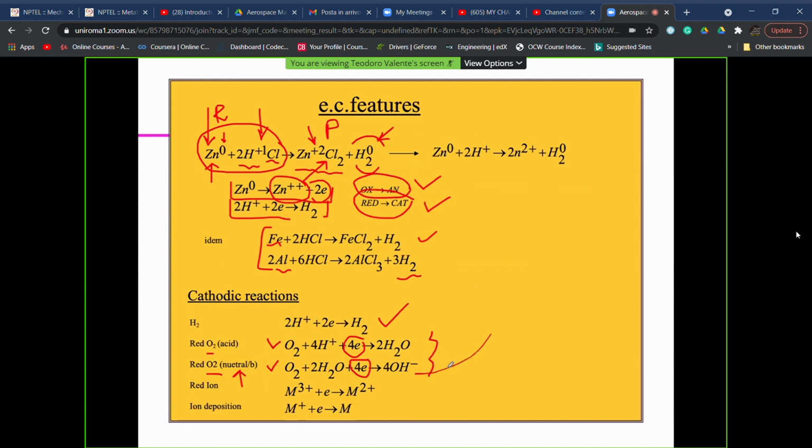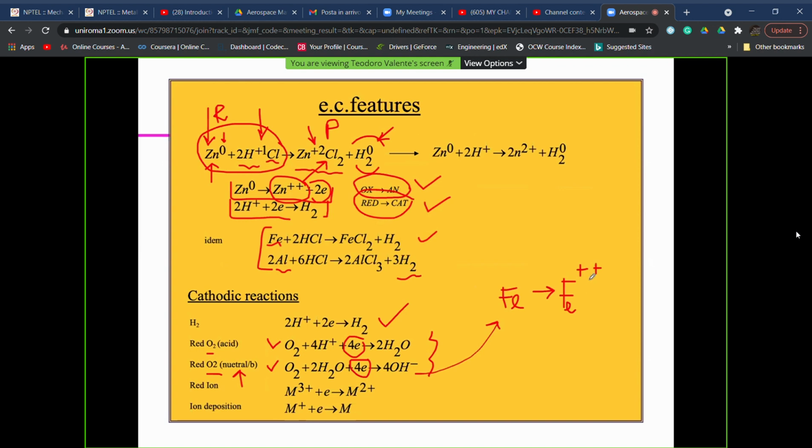In this case here, if we have in mind, for example, iron, and take the case in which iron is going into solution in the form of iron 2 plus, as we have said before, iron is going to be oxidized.